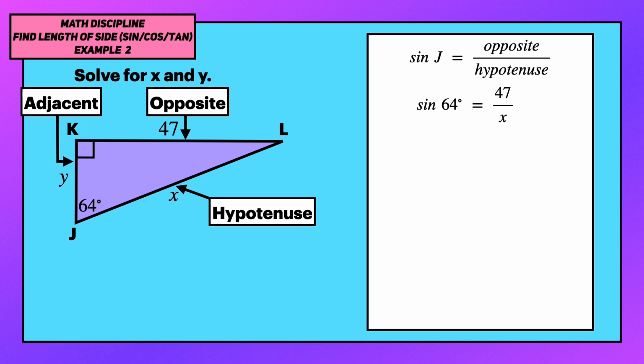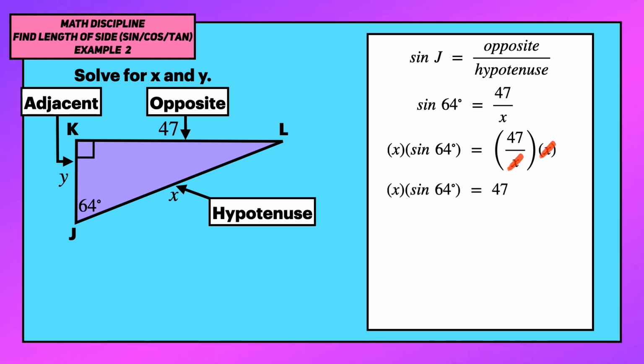Now that we have set up the equation, we will use our algebra skills to solve this simple equation. We want to get the variable x isolated on one side of the equation. Since 47 is being divided by x, we'll do the inverse operation, which means we'll multiply both sides of our equation by x, or you can just think of it as moving x to the left and doing the opposite of division. We still haven't isolated the x variable.